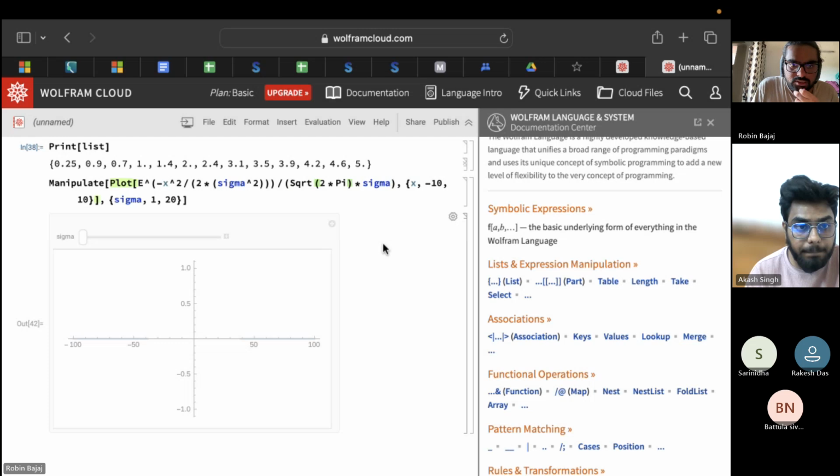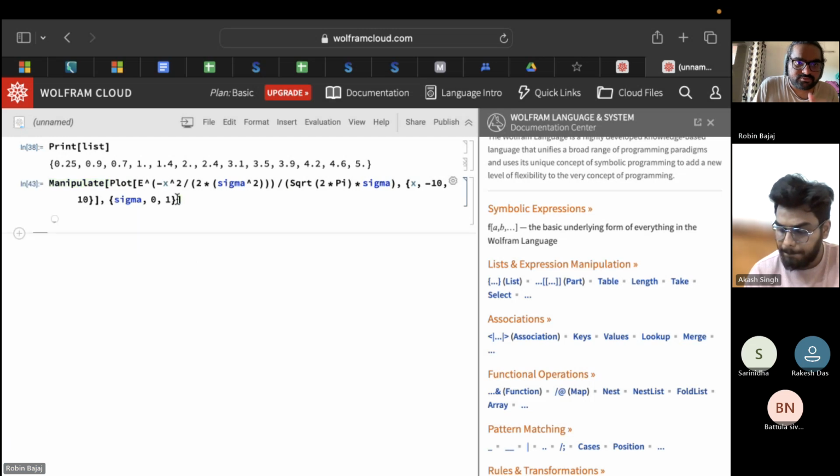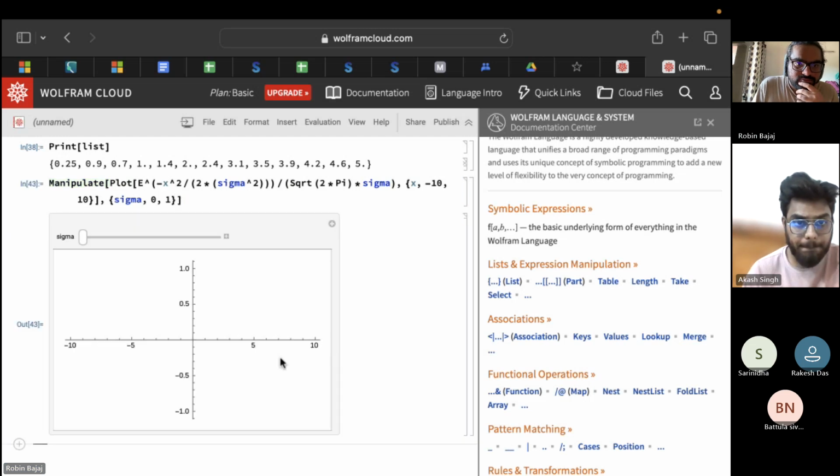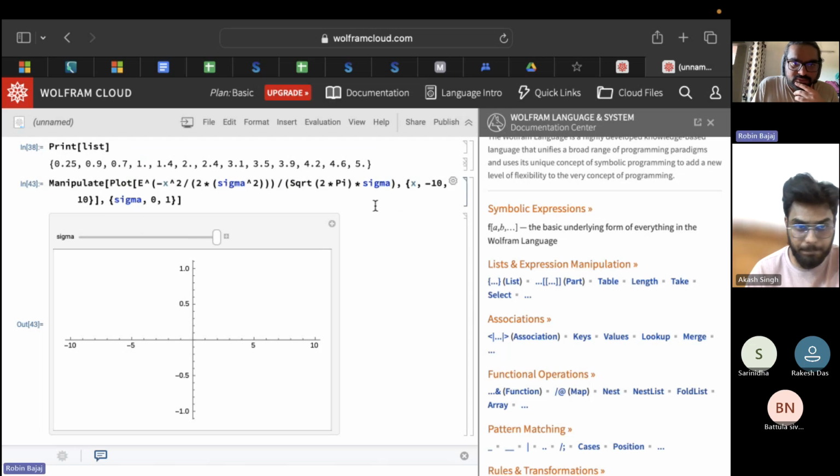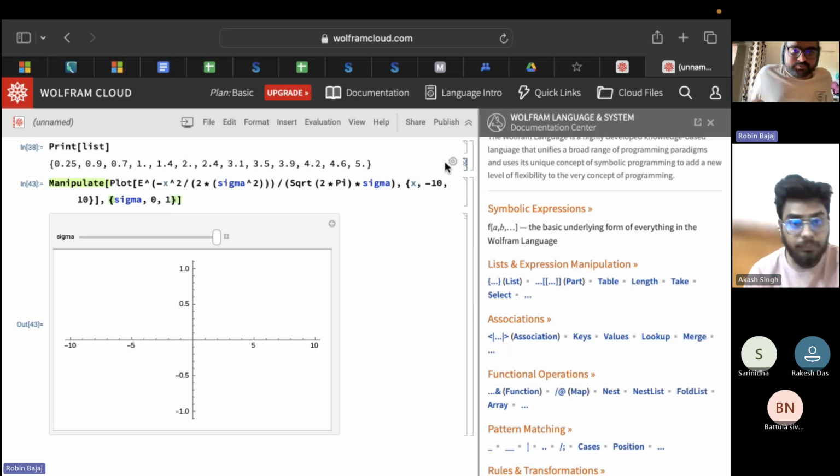And sigma from 0 to 1. Nice. Something is off. Can you put the plot range? But the maximum value has to be 1, right? Yes. Are we putting the form correctly?